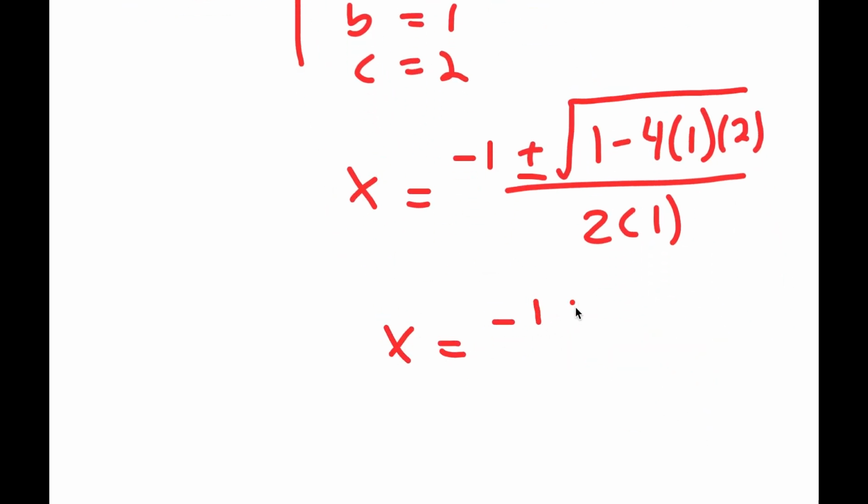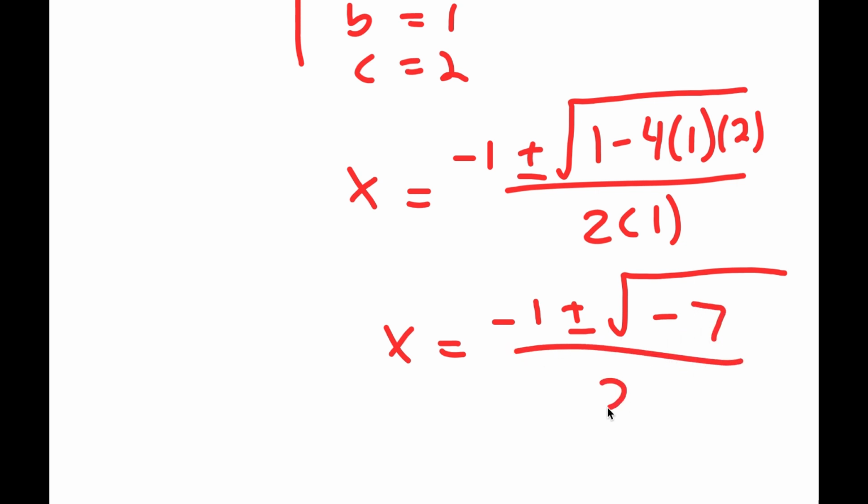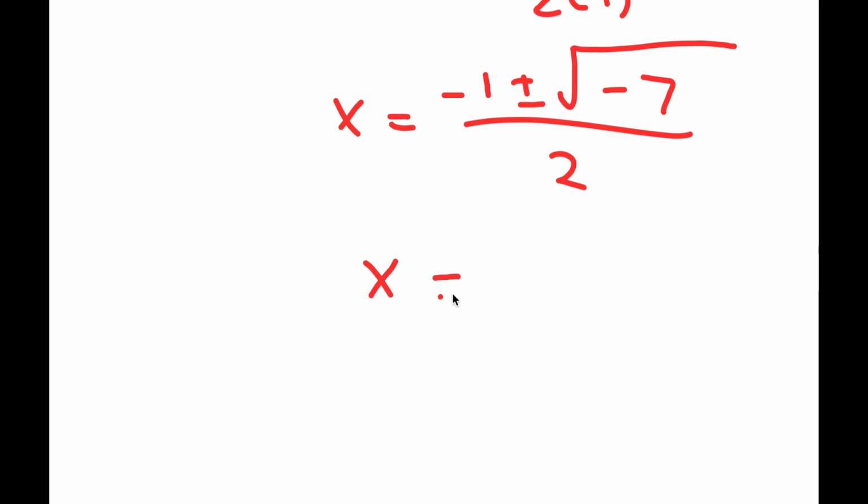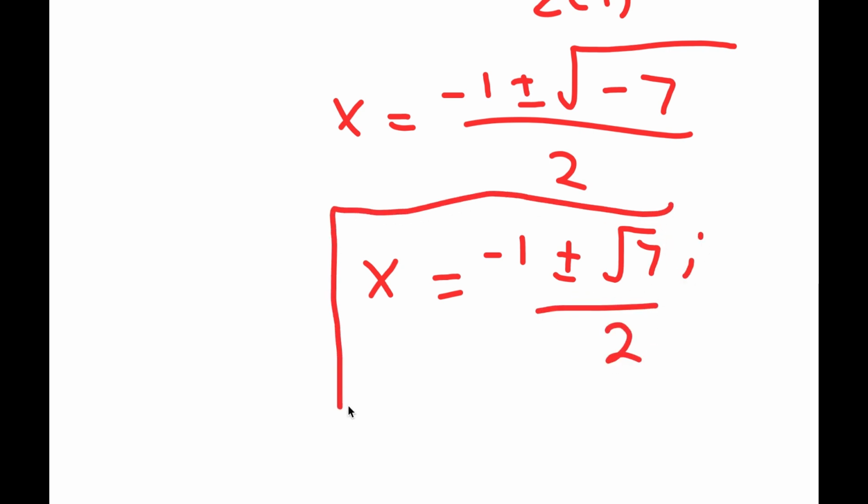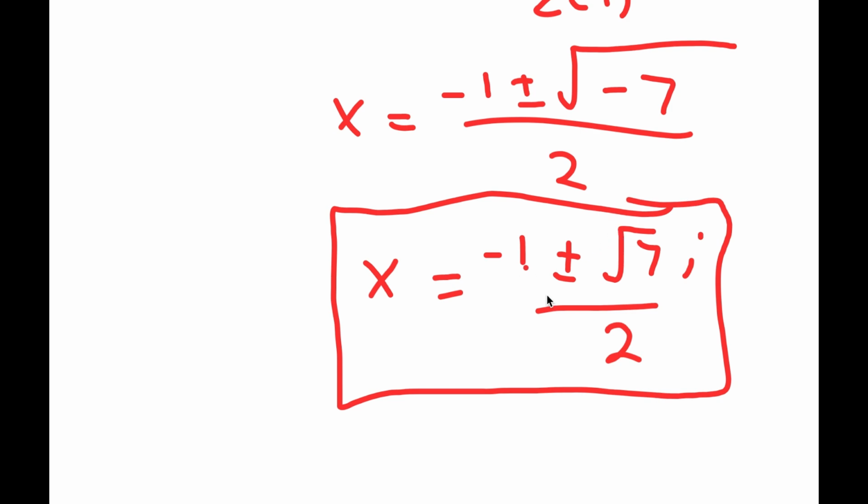And now this is equal to negative 1 plus or minus the square root of 1 minus 8, which is negative 7, over 2. And this is equal to negative 1 plus or minus the square root of 7 i over 2. So these are my three solutions.